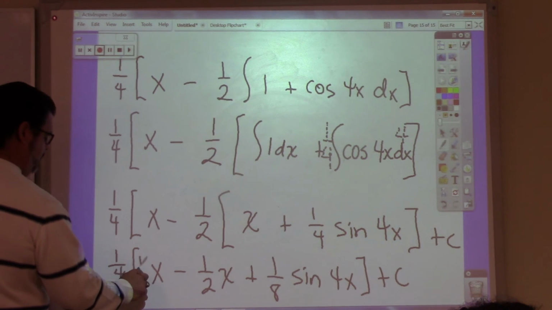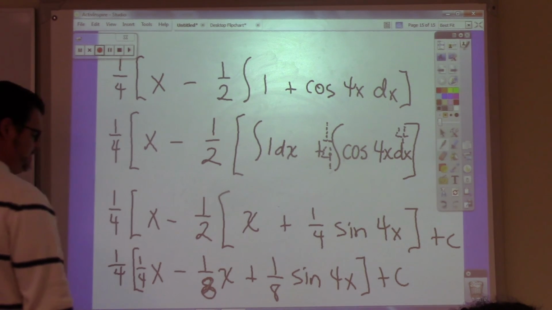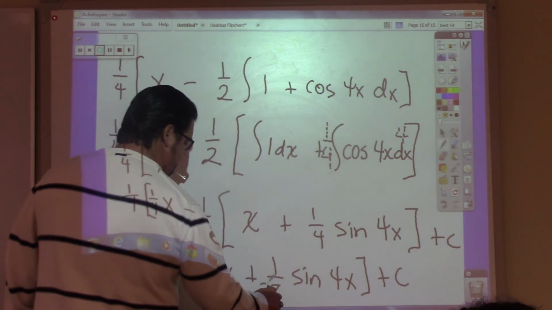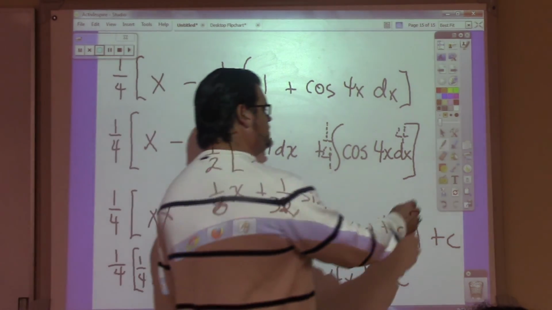That's going to be 1/4 x, 1/8 x, and 1/32 sine of 4x, and that'll take care of the brackets.